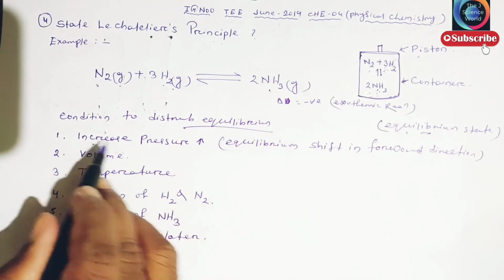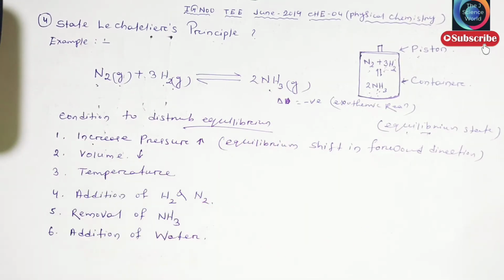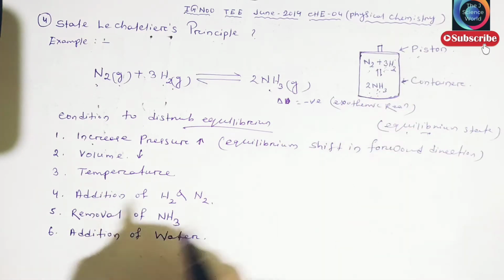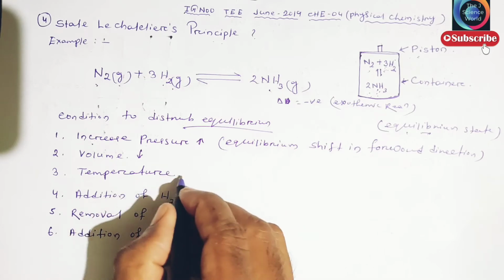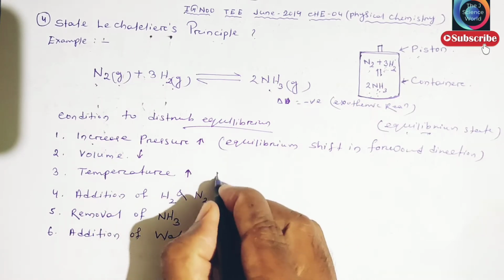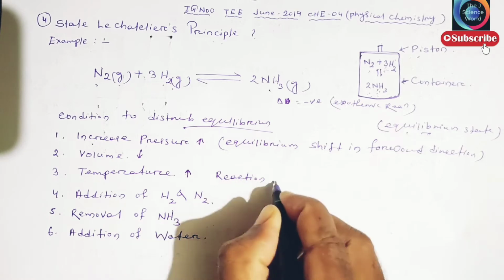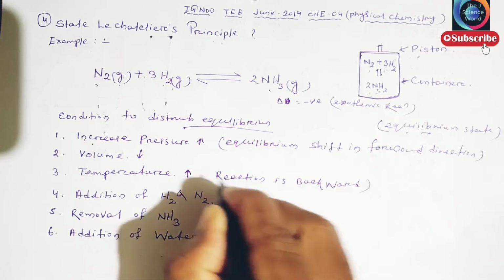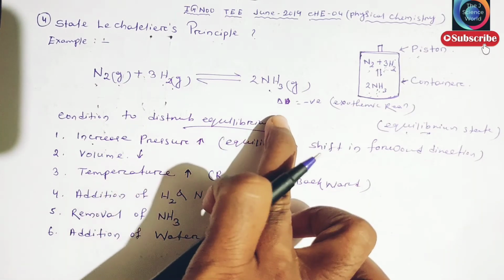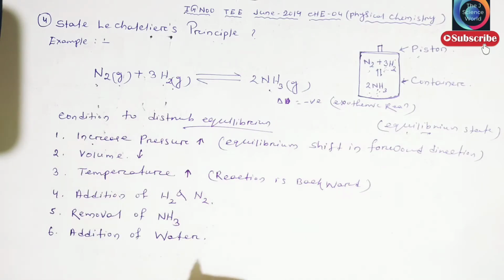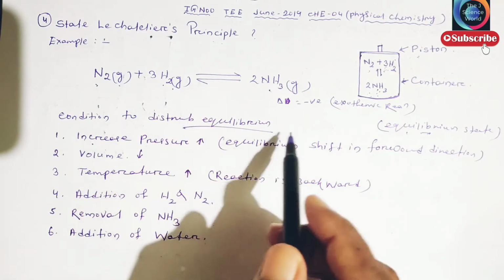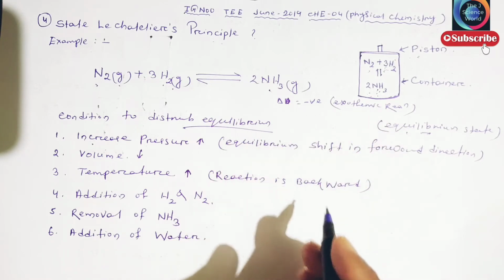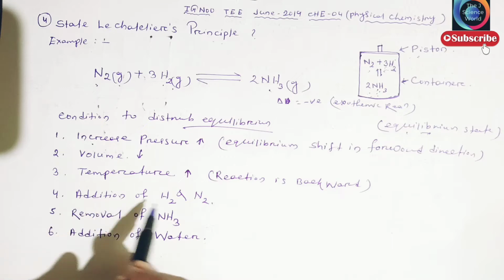If we increase the pressure, the volume also decreases, because we took a closed piston. Similarly, if we increase the temperature, the reaction goes backward, meaning ammonia breaks down to form N2 and H2. Why did this happen? Because our reaction is exothermic, heat is already evolved.